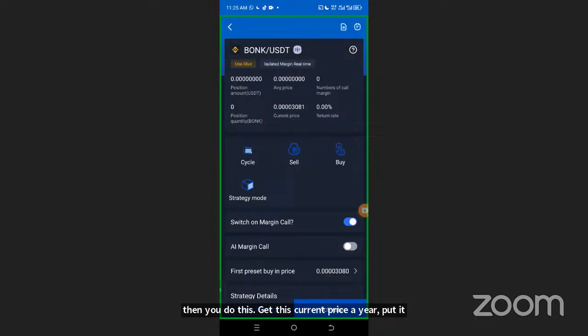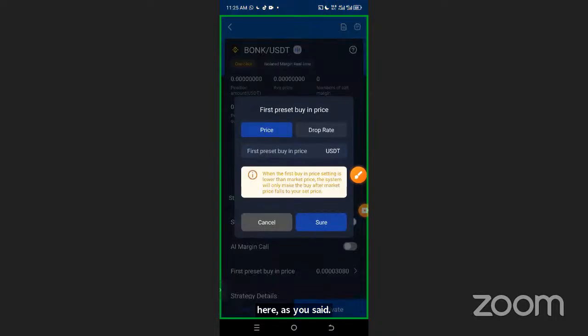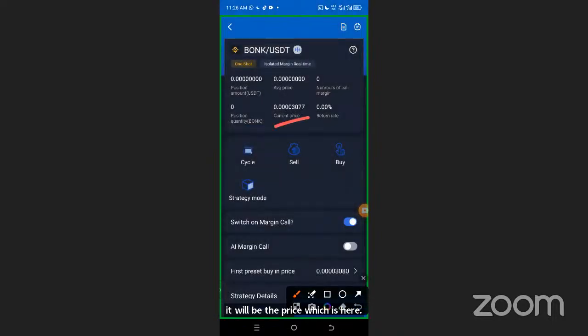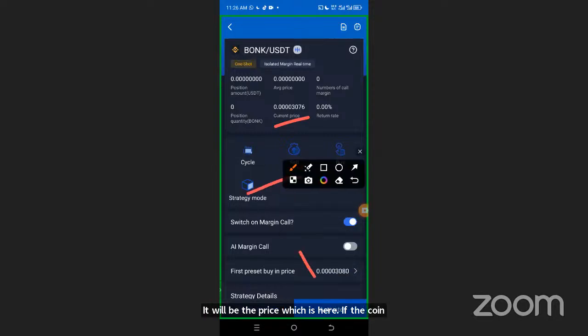That means if you click here, the price you put here will be the price which is here. If the coin says current price, then change the mode and click on activate.